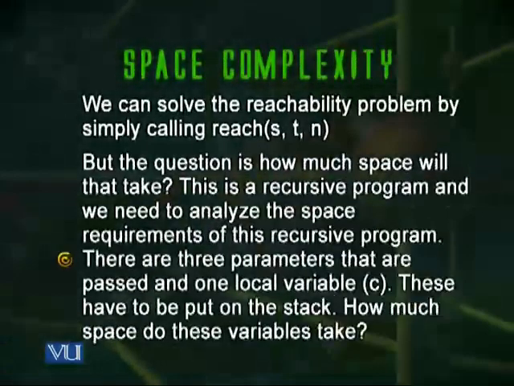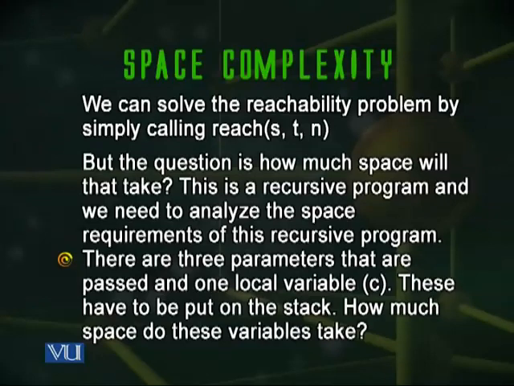So the local requirements of this program are virtually nothing. It's only what is kept on the stack that adds up to the space used by this program. So let's do that analysis. There are 3 parameters that are passed and 1 local variable. C is the local variable. These have to be put on the stack.